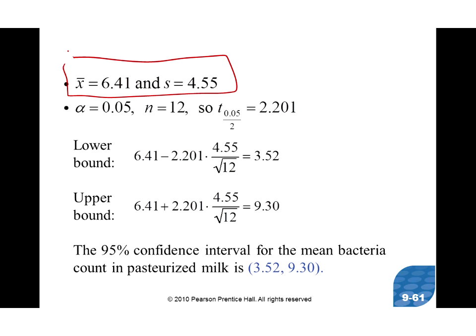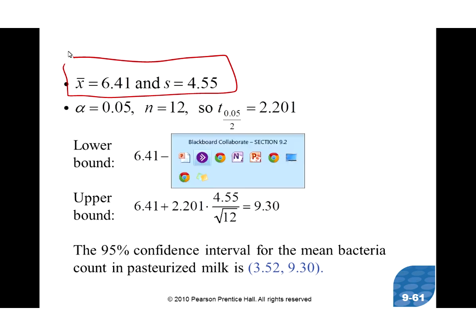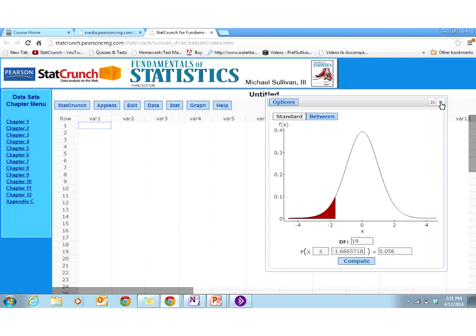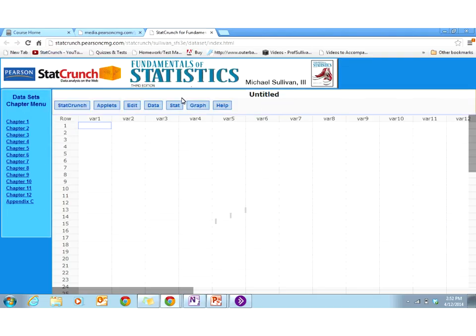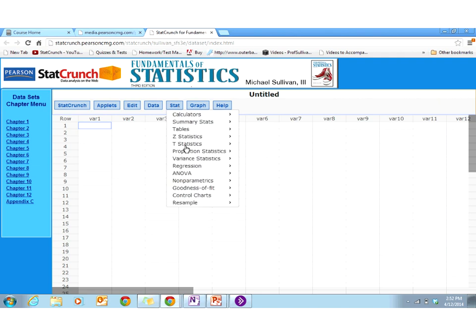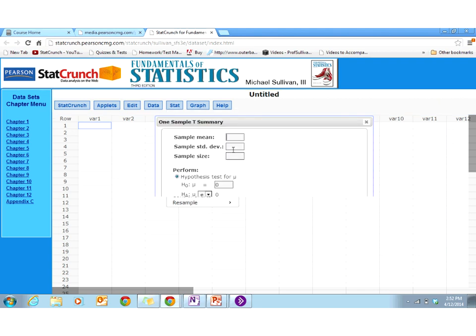95% confidence interval means that alpha equals 0.05, N equals 12, and our degrees of freedom are going to be 11. So let's, I skipped right over StatCrunch. Here we go. Go back to Stat, Summary Statistics, one sample, with summary.